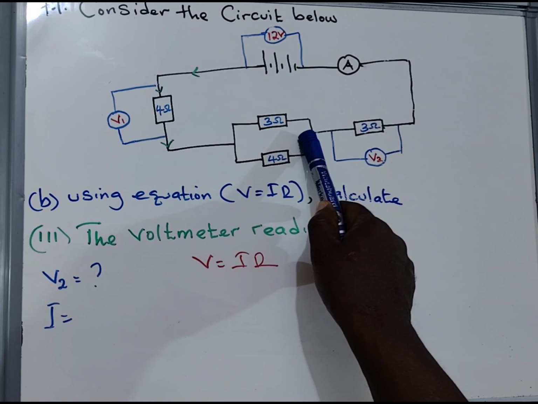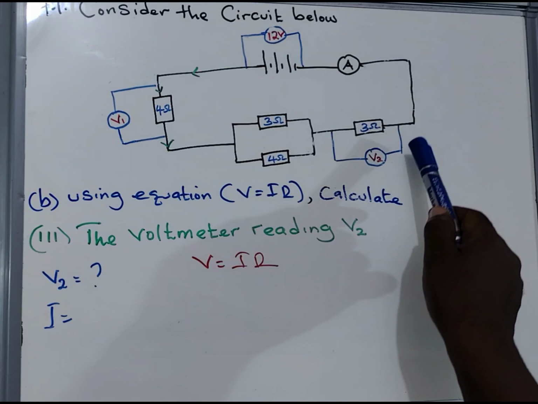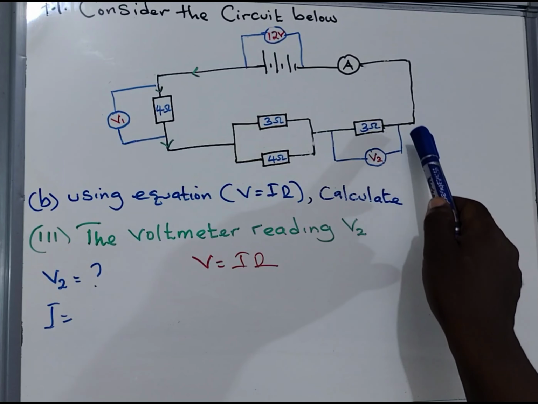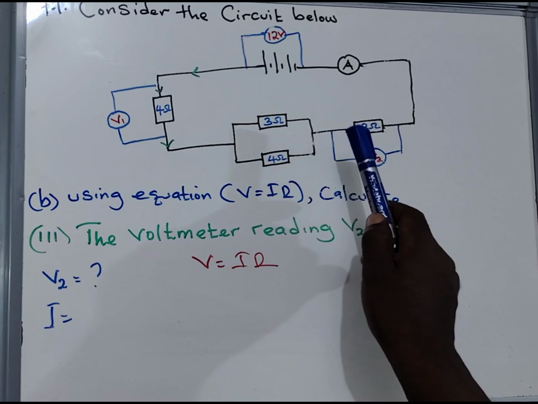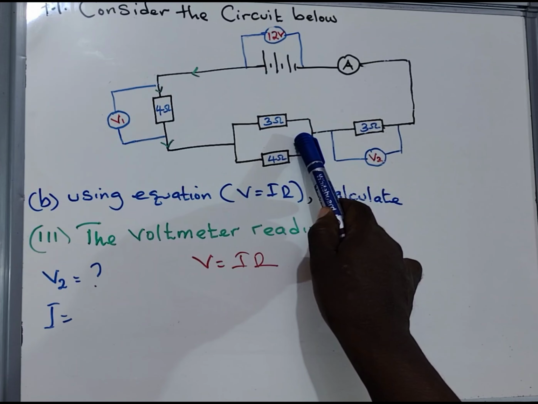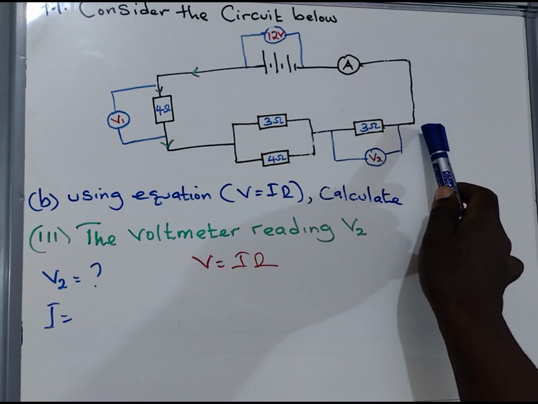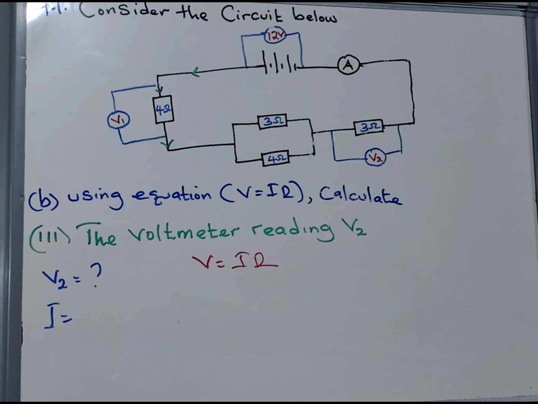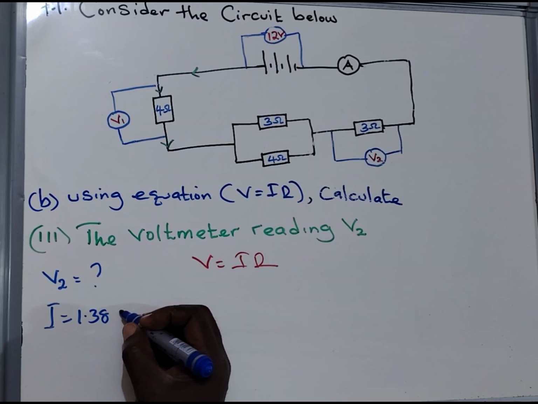It recombined and proceeded. Here we have to remember that there's no current which goes through the voltmeter because of its high resistance. So all the current which comes out of this branch goes through the 3 ohm resistor. So which means that the current is known and is 1.38 ampere.